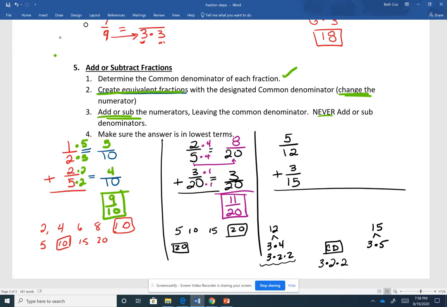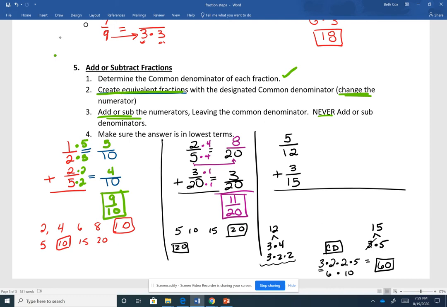But now over here on the 15, I don't need a 3. I've already got one. So I don't need to buy another box of 3, but I do need to buy a box of 5. And so now when I multiply that all the way out to figure out my common denominator, it's 6 times 10, which is 60. Okay, so that's my common denominator for 12 and 15 is 60.